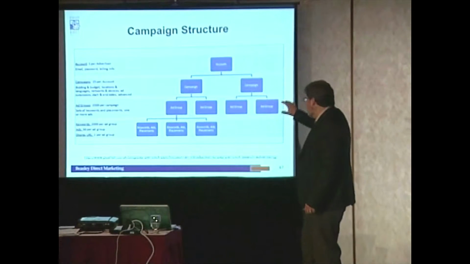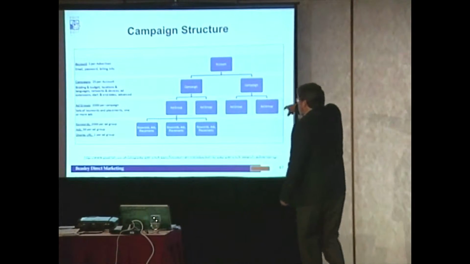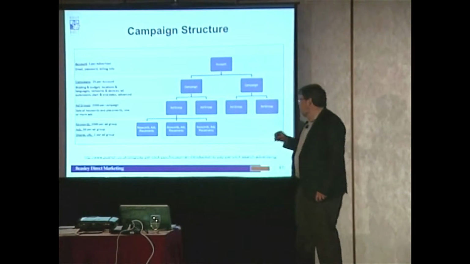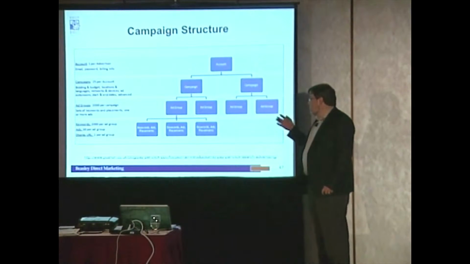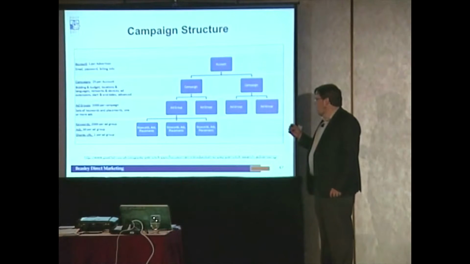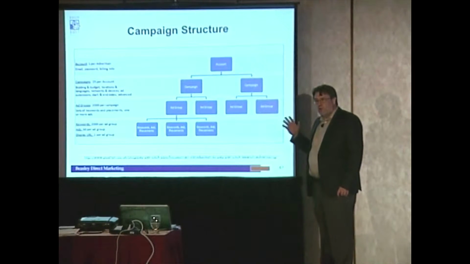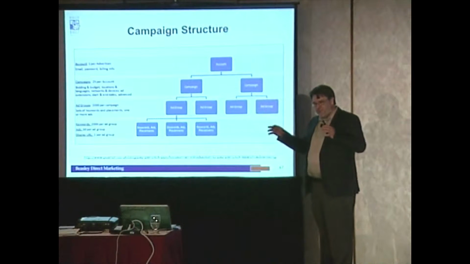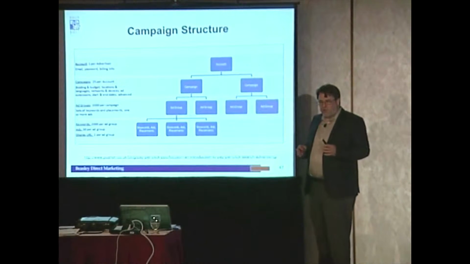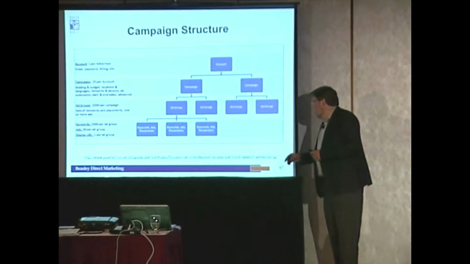Okay? You can set up targeting at the ad group level as well. It's not just at the campaign level. You can set up some scheduling at the ad group level. And the ad group's a really good organizational unit to focus on. It gets you a little bit of a 5,000-foot view, but it still allows you to be kind of detail-oriented.